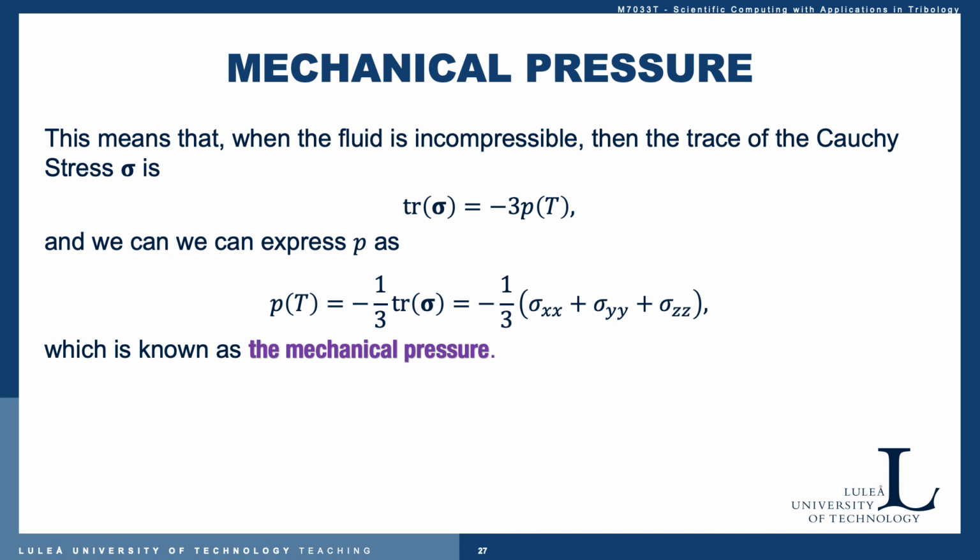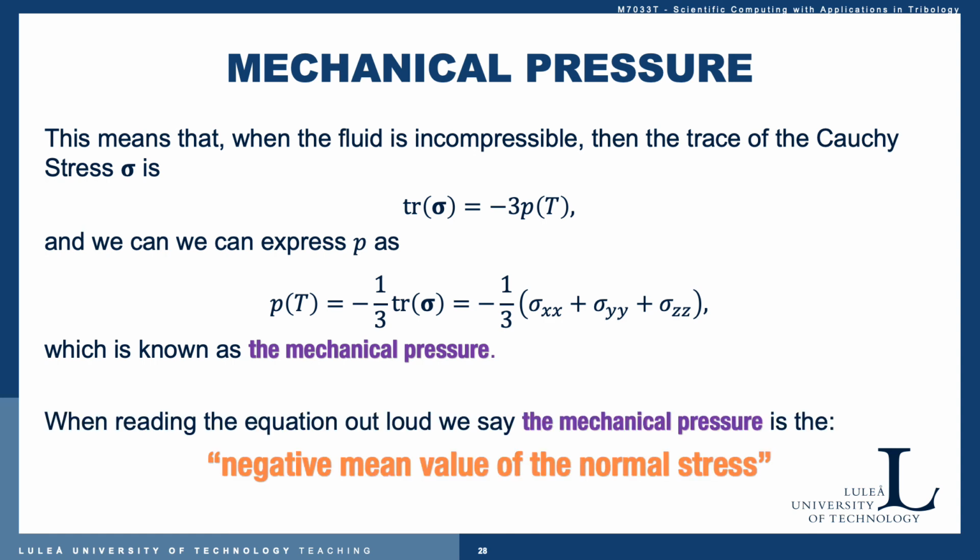And in component form that would be exactly minus 1/3 times sigma xx, sigma yy, sigma zz. And this is known as the mechanical pressure. So when reading this equation out loud, we would say that the mechanical pressure is the negative mean value of the normal stress, because those are the normal stress components.